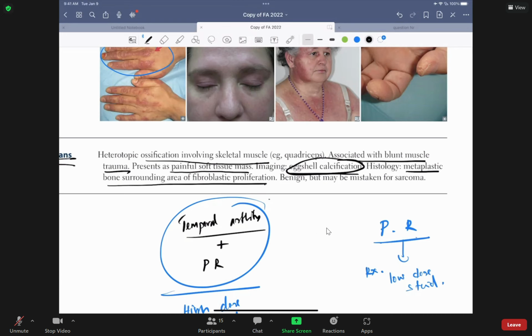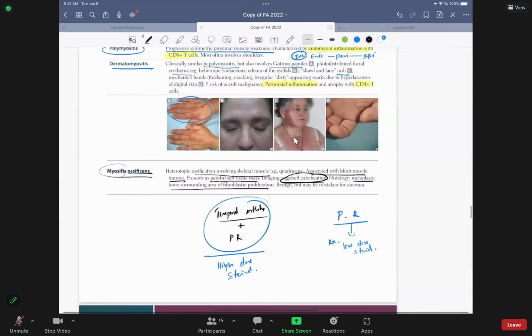It's one of the pneumoconiosis. Not sarcoidosis. Sarcoidosis has bilateral hilar lymphadenopathy. Silicosis. Okay. That's that. Very good.